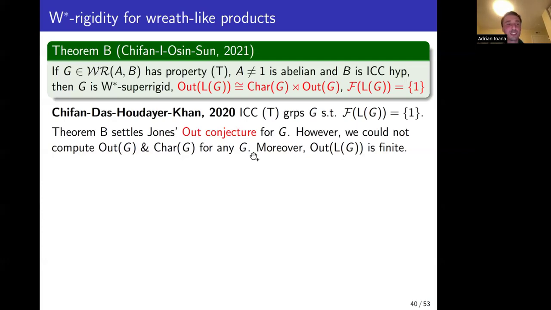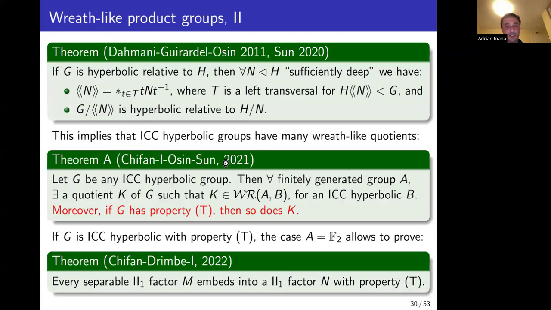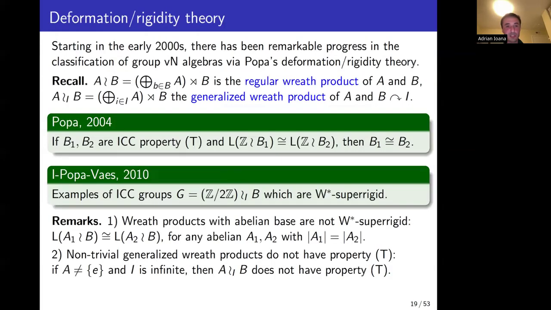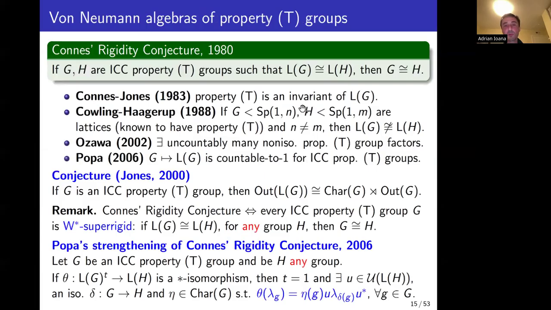So the answer is yes, because Cowling-Haagerup proved that if you take two lattices in Sp(1,N) and Sp(1,M), for N different than M, these will have non-isomorphic von Neumann algebras. Of course, you can take co-compact lattices. This will be hyperbolic.